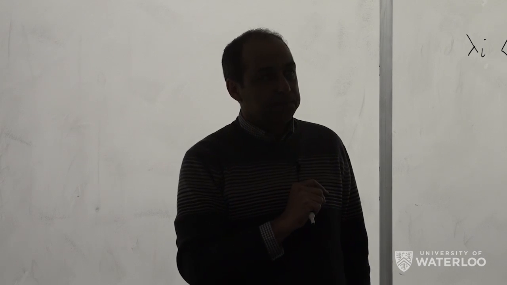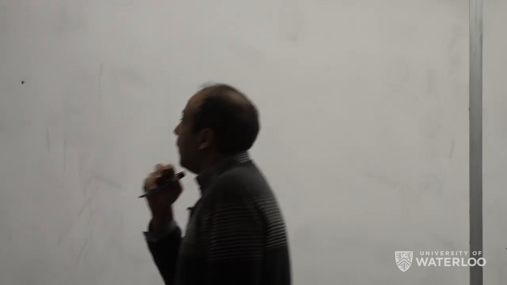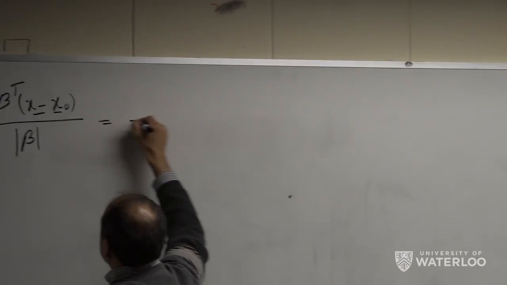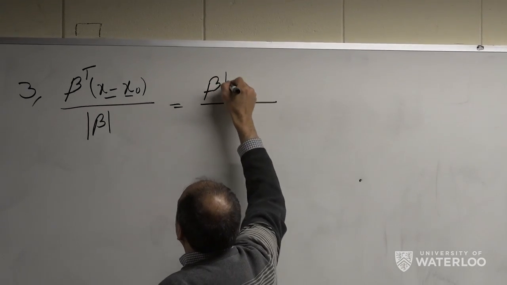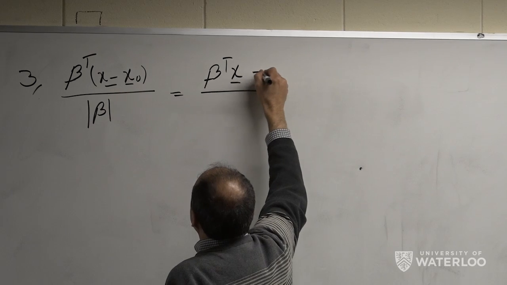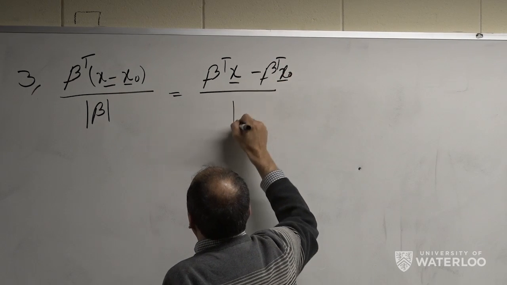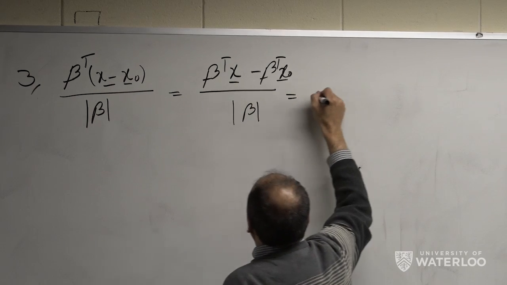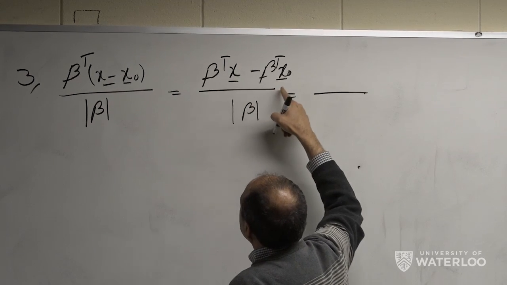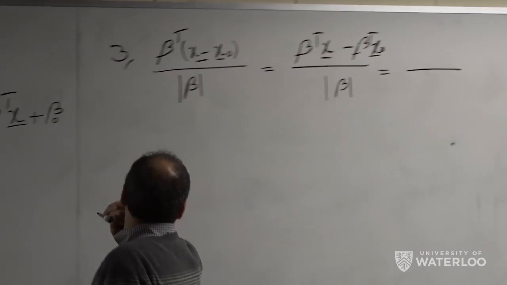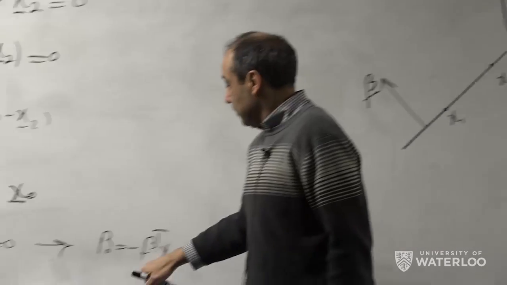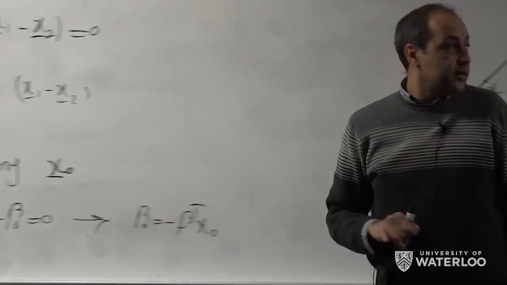Beta with norm 1. So this is beta transpose x minus beta transpose x null over the norm of beta. Beta transpose x null is minus beta null.